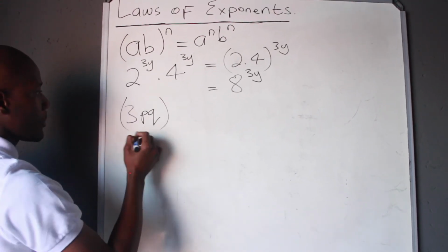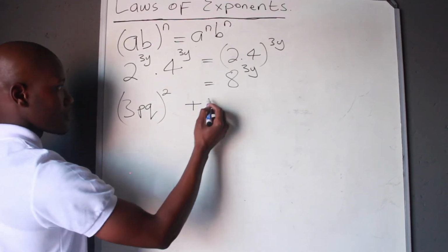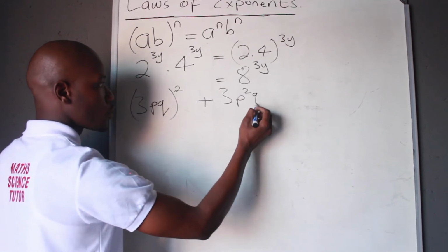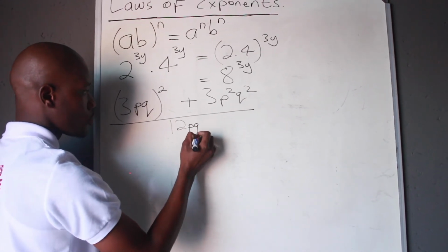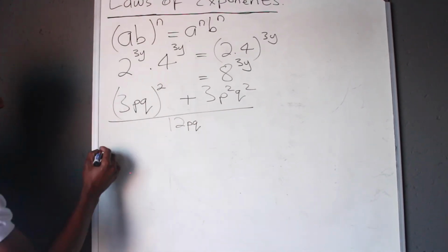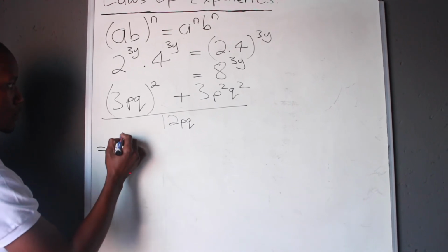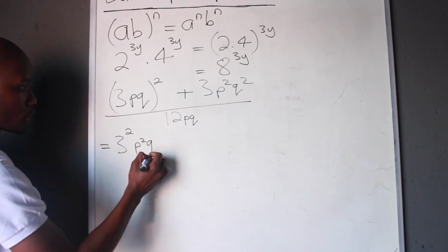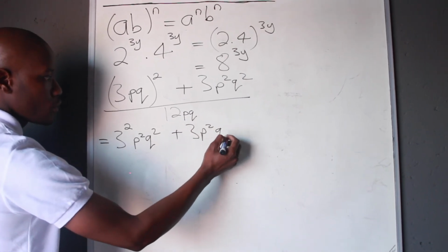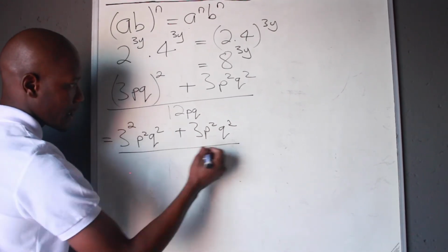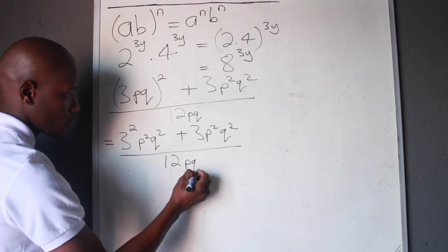3pq all to the power 2 plus 3p squared q squared divided by 12pq. Check. It's going to be 3 squared p squared q squared plus 3p squared q squared divided by 12pq.